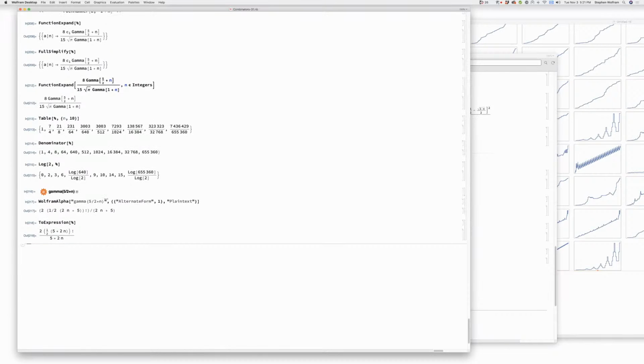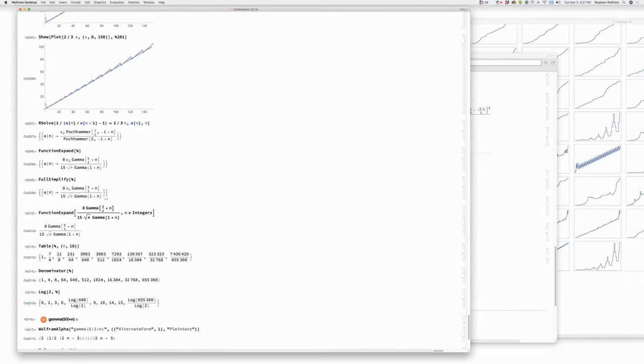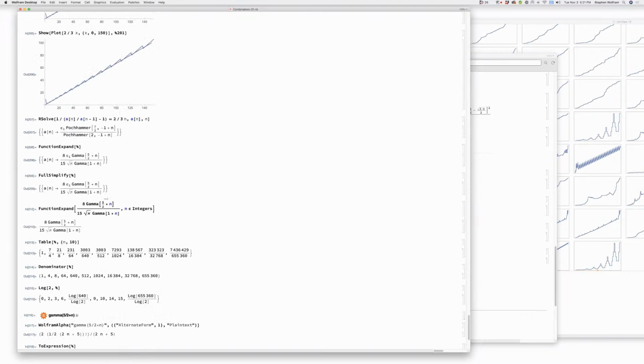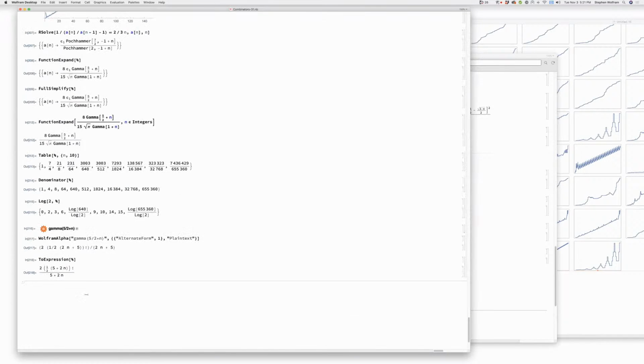So that's saying that that gamma function, as a function of n, if I plot that, let's say list plot of table of that thing. N goes up to 20, for example, 30 or something.